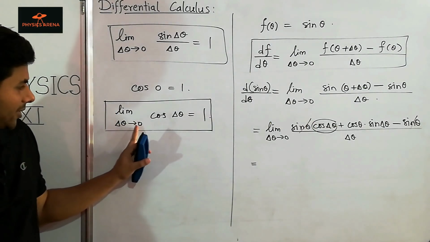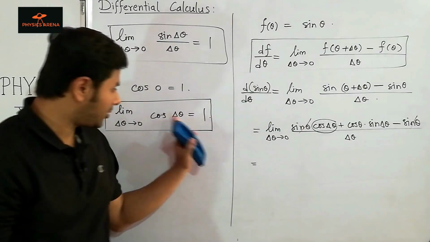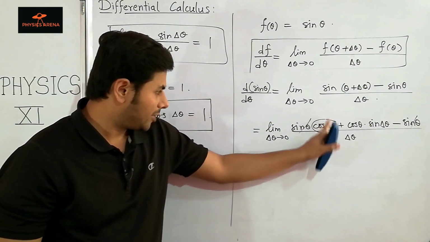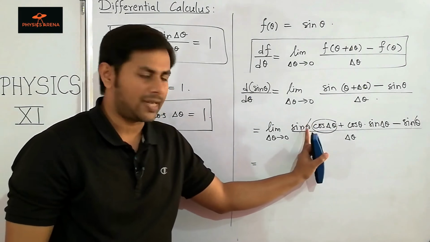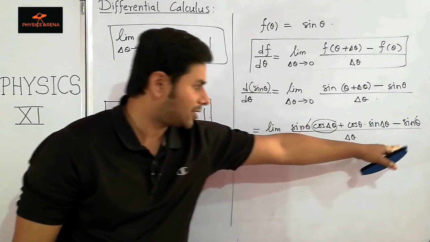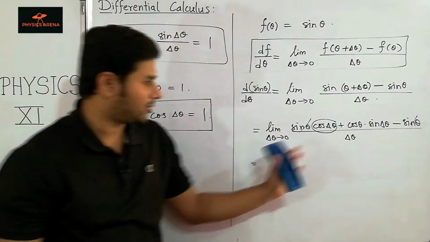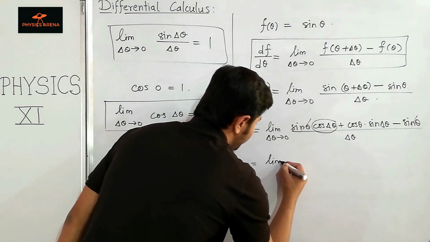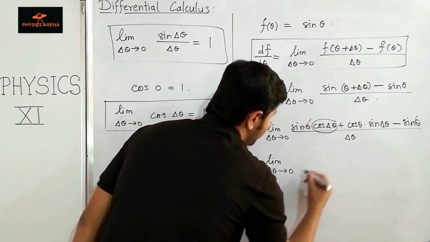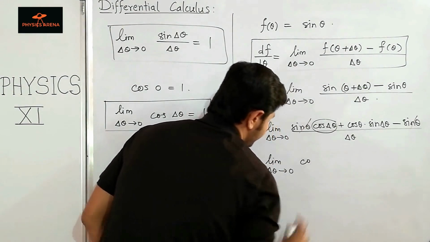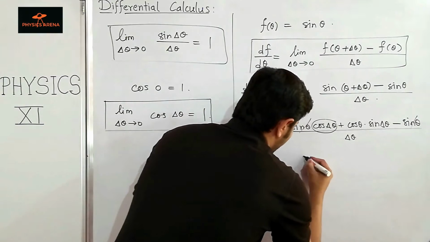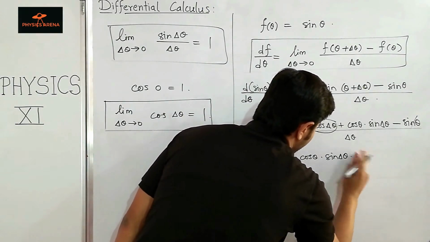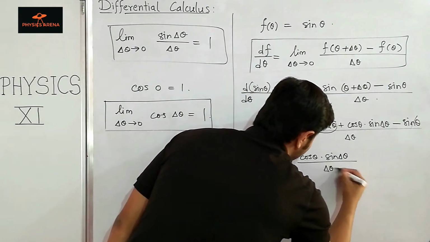In the limit delta theta tends to 0, cos of delta theta is equal to 1, so this complete thing is sine theta. Sine theta and minus sine theta becomes 0, so it gets cancelled out. Then we are left with this thing only: limit delta theta tends to 0, cos of theta into sine of delta theta divided by delta theta.